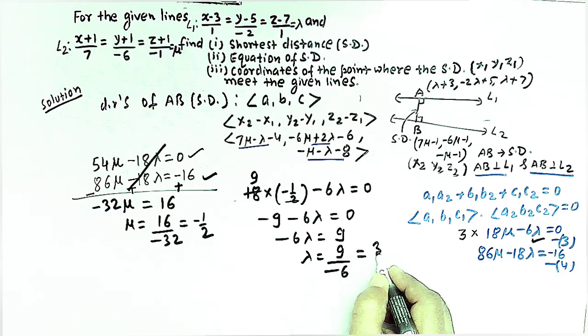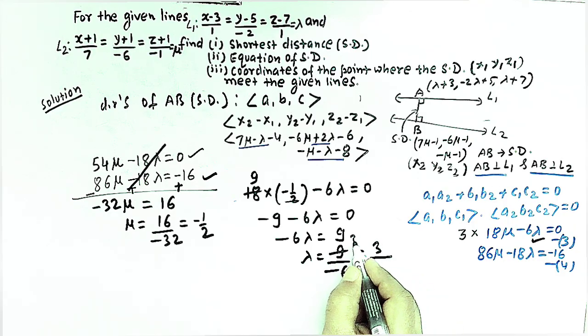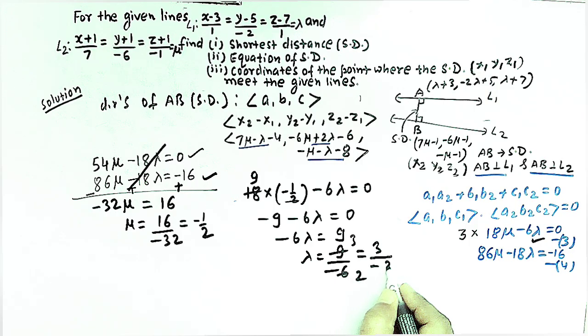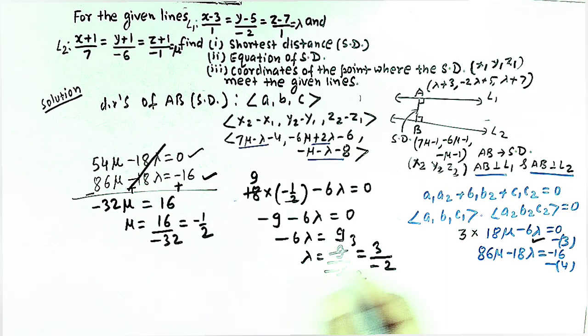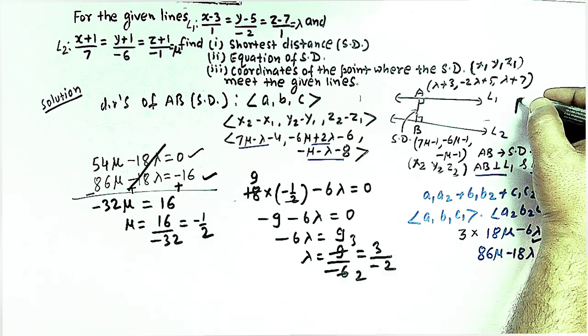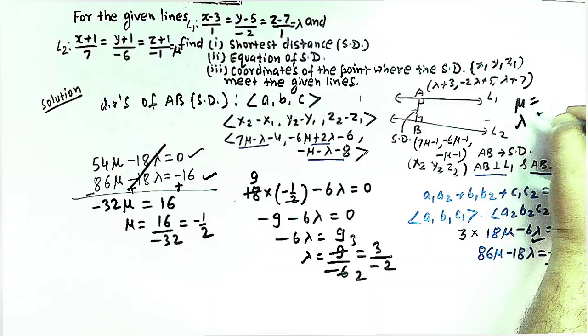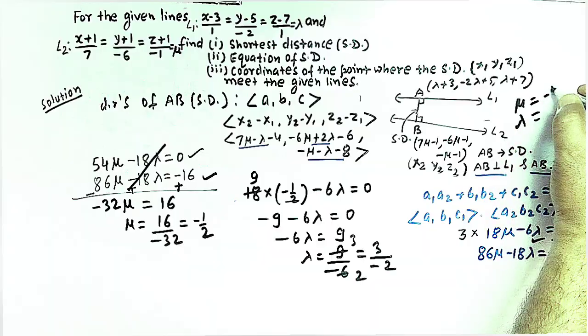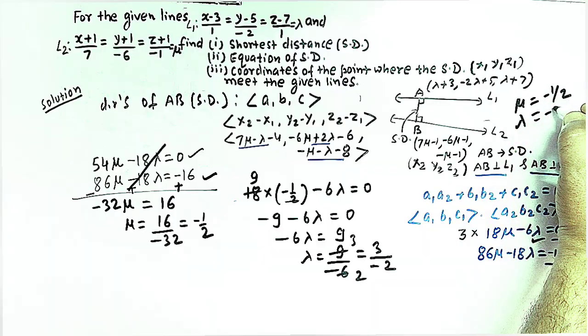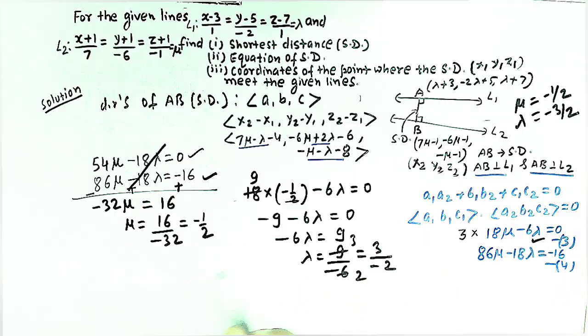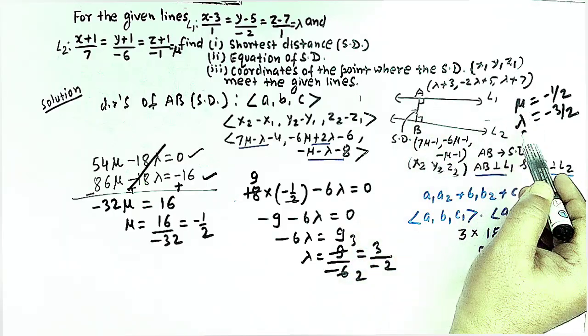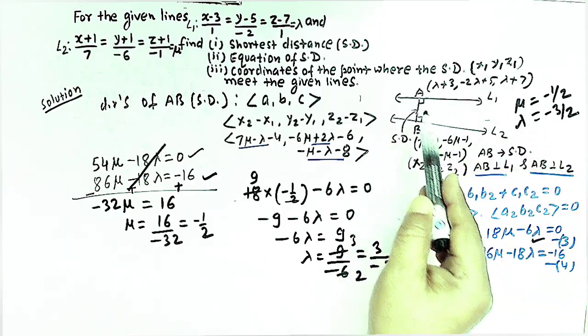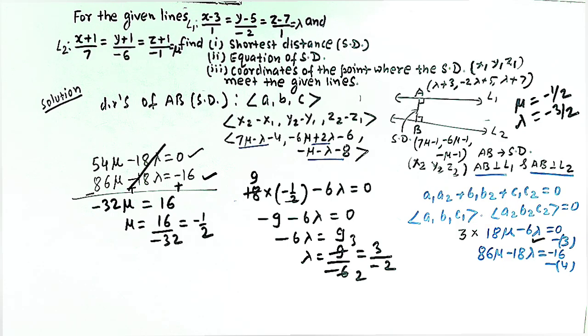So here we have 3, and here we have 2. So the value of lambda is minus 3 over 2. So we have now obtained the values of mu and lambda as minus half and minus 3 over 2, and using these two values we can easily find out the coordinates of the points A and B.